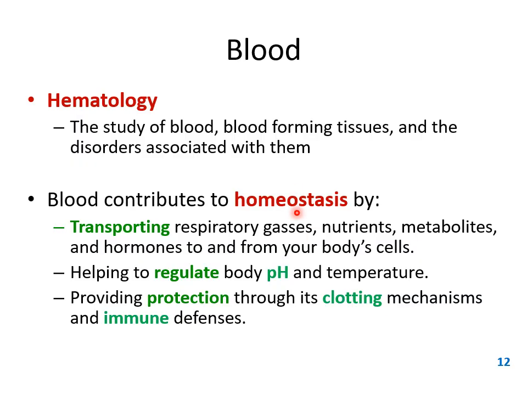Homeostasis means a state of health and balance of reactions in your body. I know the words are very similar, but when we get to hemostasis, you'll see that the functions are different. So that is protection against bleeding, and blood also carries formed elements that are very important to protect you against pathogens. The blood has immune system cells that are important to detect and get rid of pathogens.